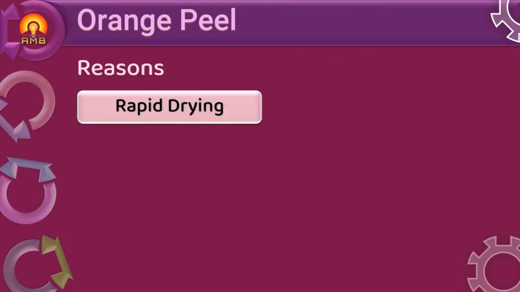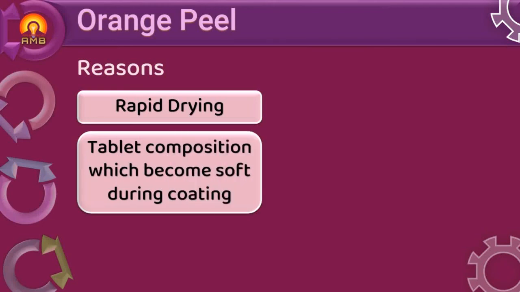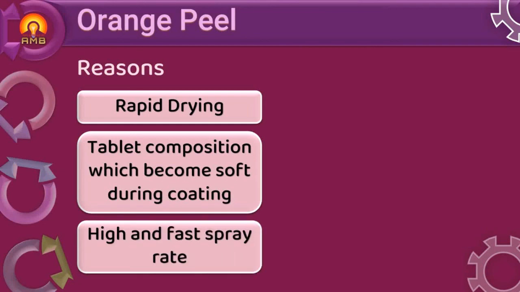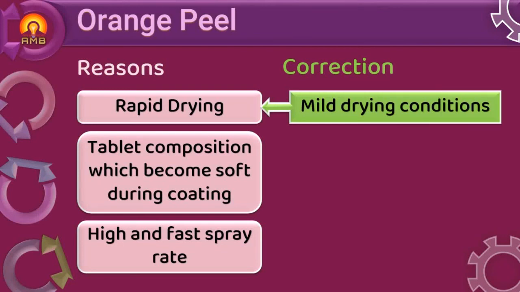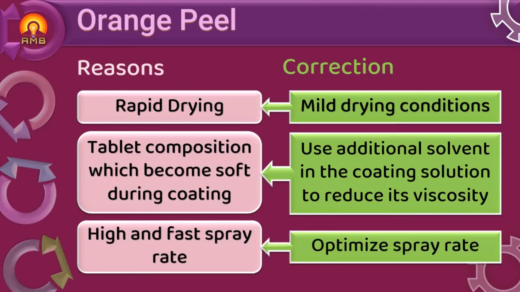It occurs due to rapid drying, poor tablet composition which becomes soft during coating, or high and fast spray rate. It can be corrected by using mild drying conditions, using additional solvent in the coating solution to reduce its viscosity, and optimizing the spray rate.